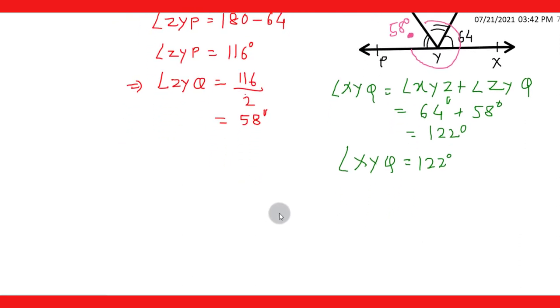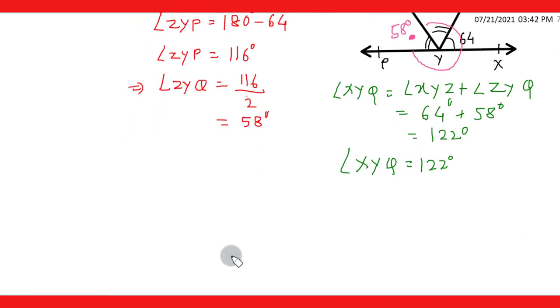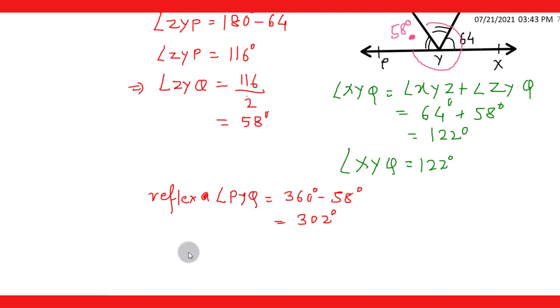So we will solve it here. That reflex angle PYQ is equal to 360 degrees minus 58 degrees, and 360 minus 58 is 302 degrees.